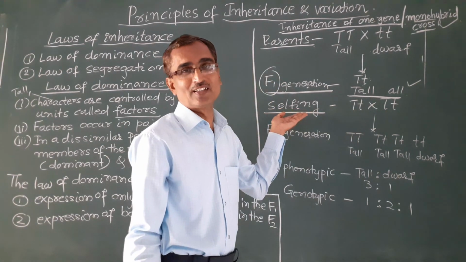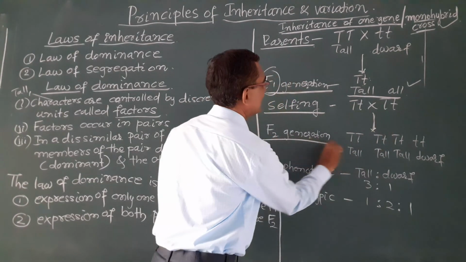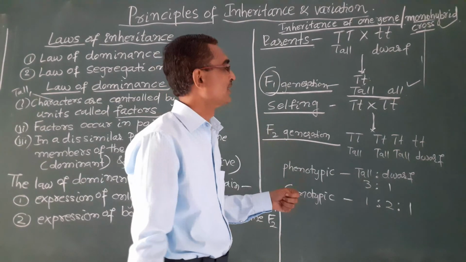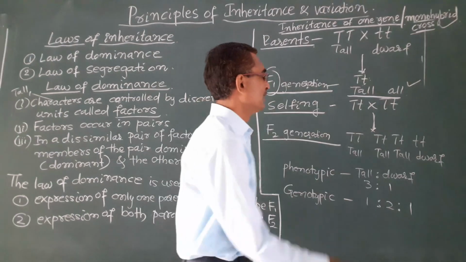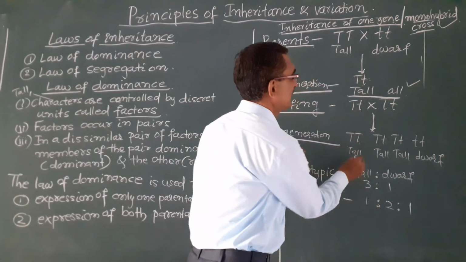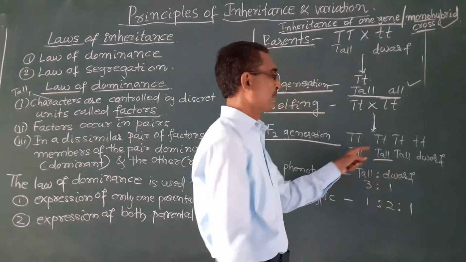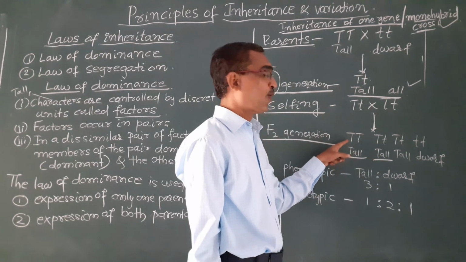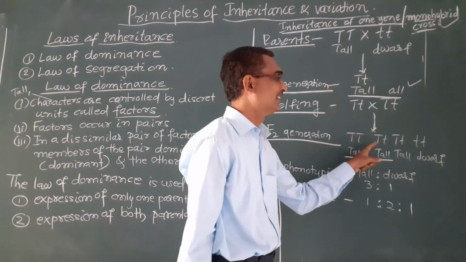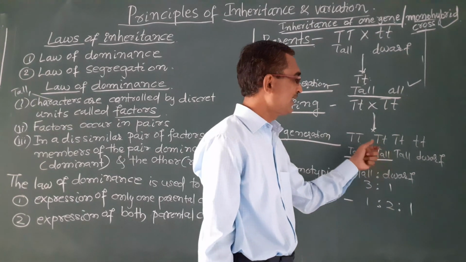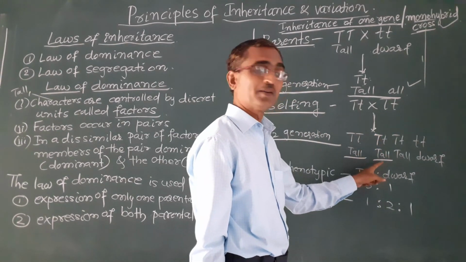After selfing, he gets the second generation, the F2 generation, and you see here the plants obtained in F2. This capital T and capital T is a tall plant, homozygous tall, because both alleles are identical. This next one is capital T and small t, and since capital T is dominant, it is also tall.